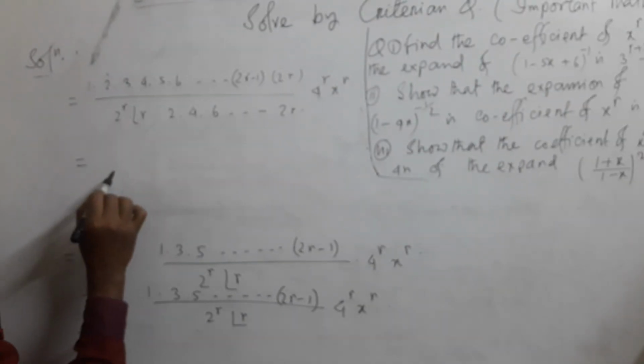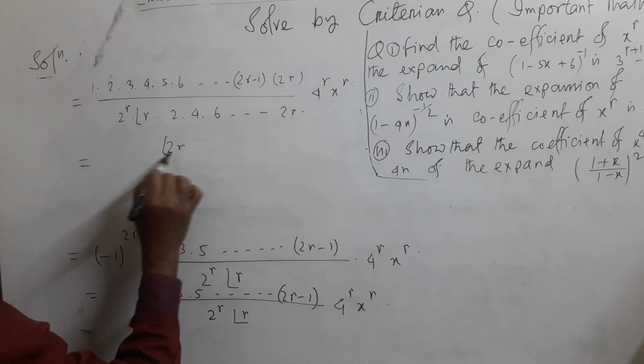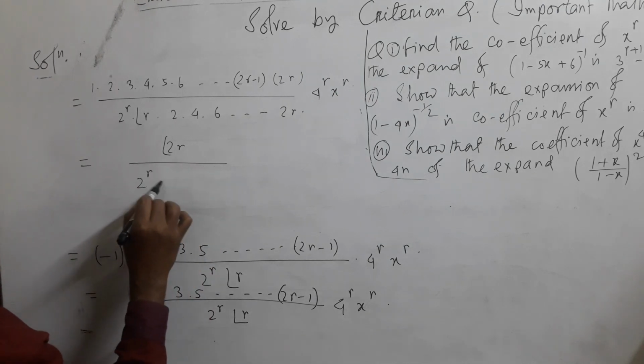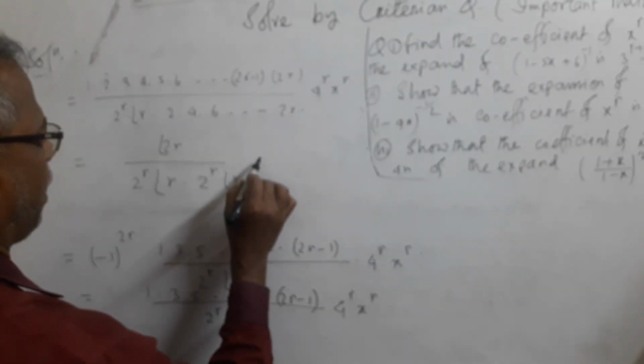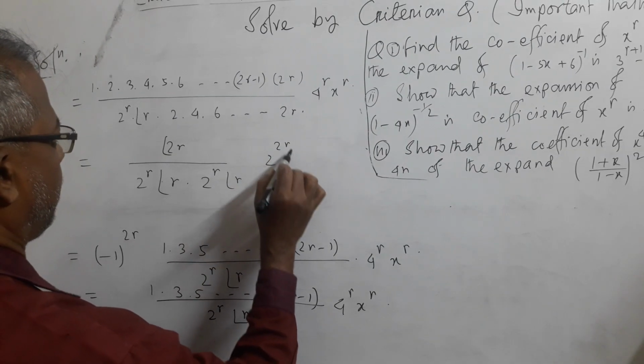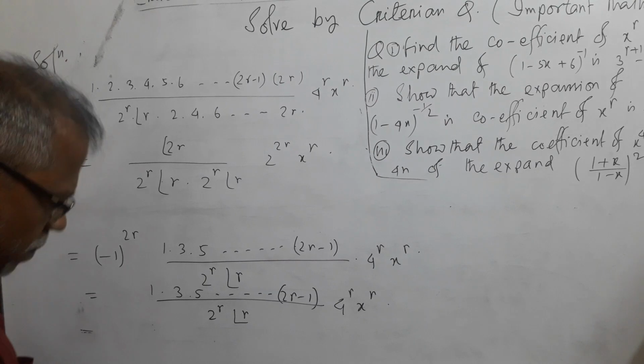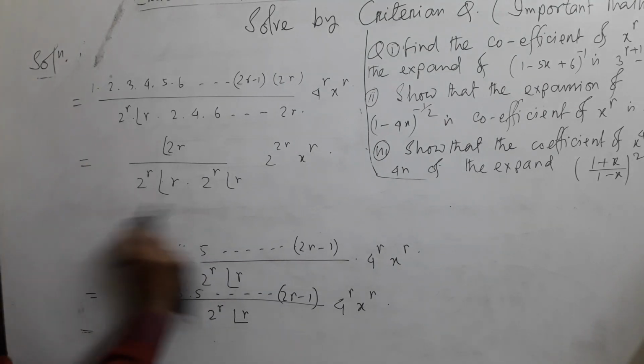That implies factorial 2r divided by 2 to the power r factorial r and 2 to the power r factorial r and 2 to the power 2r x to the power r.